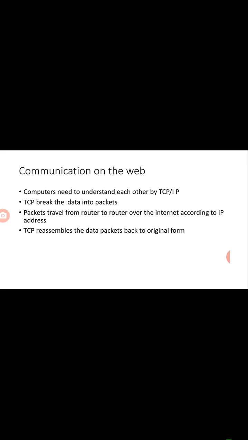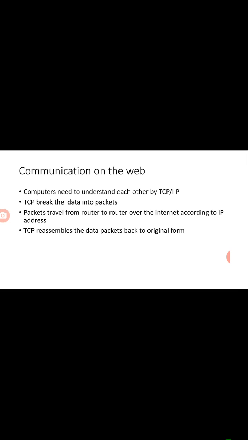So the computers need to understand each other by this TCP/IP protocol. The Transmission Control Protocol breaks the data into packets. Packets travel from router to router over the internet according to its IP address.